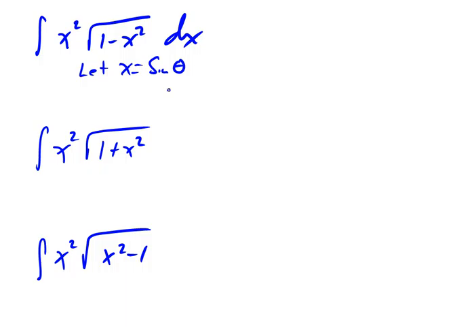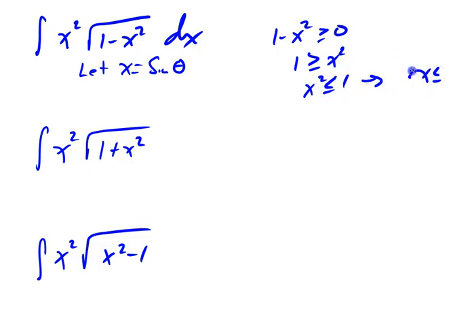However, it then occurred to me at some point along the way that this 1 minus x squared is underneath the square root, and that in order for this function to have any meaning, I need 1 minus x squared to be greater than or equal to 0, which tells me that, moving the x squared over to the other side, 1 has got to be greater than or equal to x squared, which means that x squared is less than or equal to 1, which means that x is somewhere between minus 1 and plus 1.